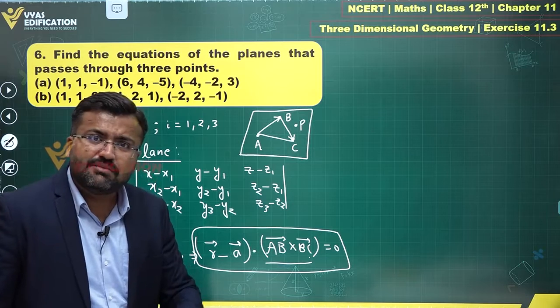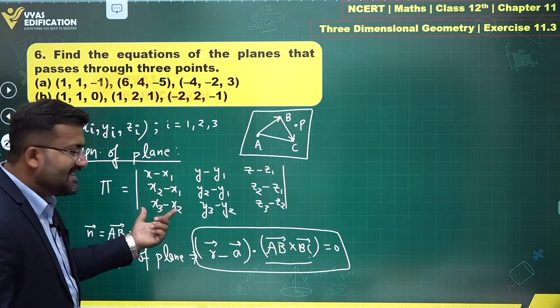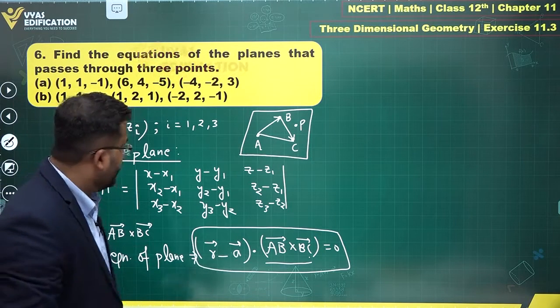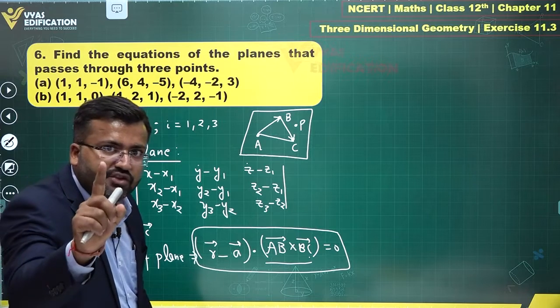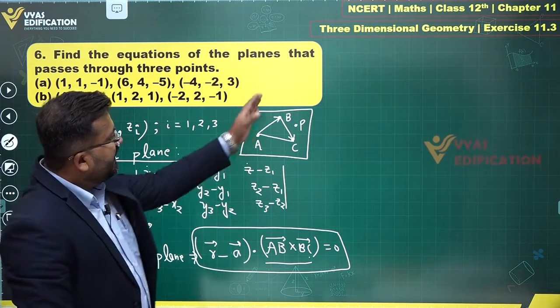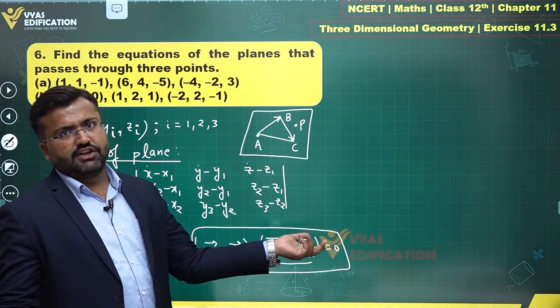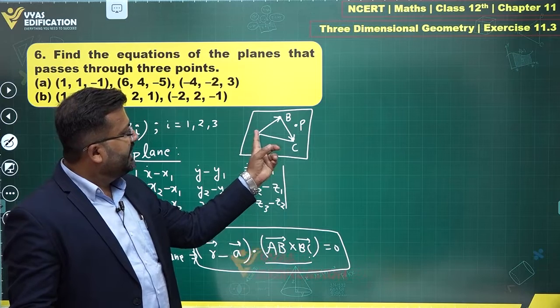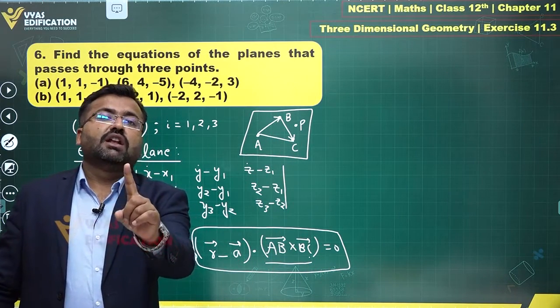No, I can interchange ABC as well, right? So similarly, these will be slightly different. But one important thing, x should come once. The terms having x should come once, and then the other two terms should be AB vector, BC vector, AC vector, CA vector. You can use any of those, right? That's not an issue. But P vector should be involved with either A, either B, or either C, with anyone, right?